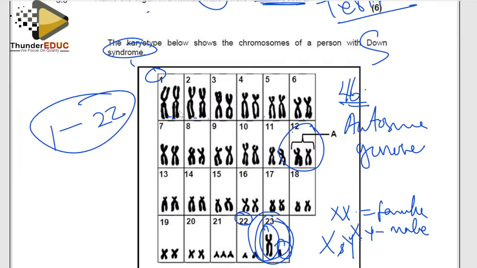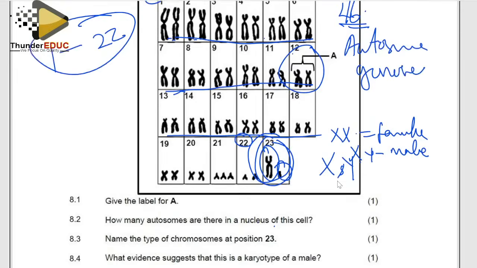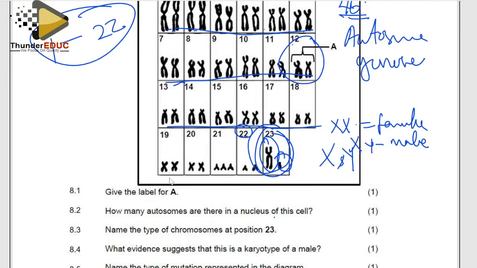So this is 12, this is another 12, and this is another 12. That is 36. Then 37, 38, 39, 40, 41, 42, 43, 44, 45. So they are 45.